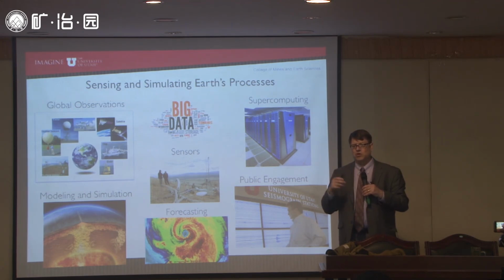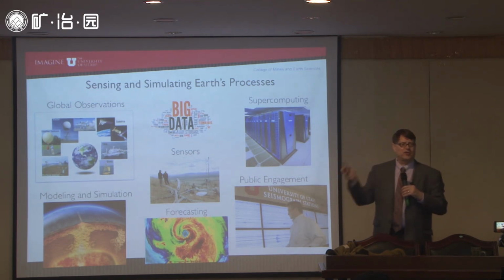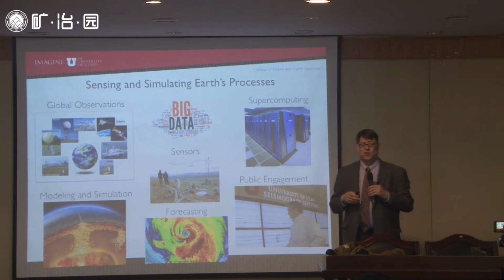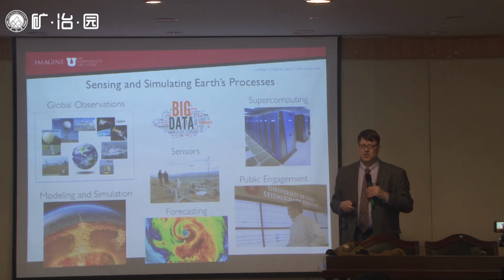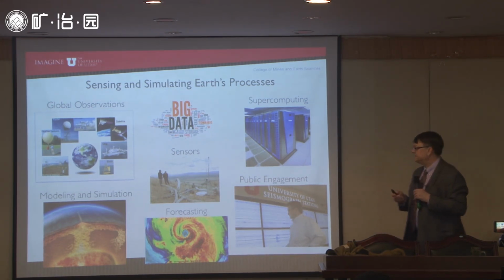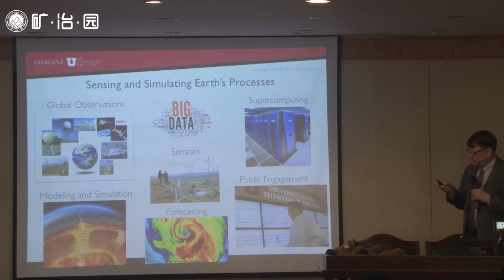So we report earthquakes to the public. You guys have probably heard of Yellowstone National Park. We monitor all the earthquakes in Yellowstone. And last summer we had over 3,000 earthquakes in Yellowstone. We were constantly reporting those earthquakes to the public so that we keep people safe. So that's the kind of thing that we do.